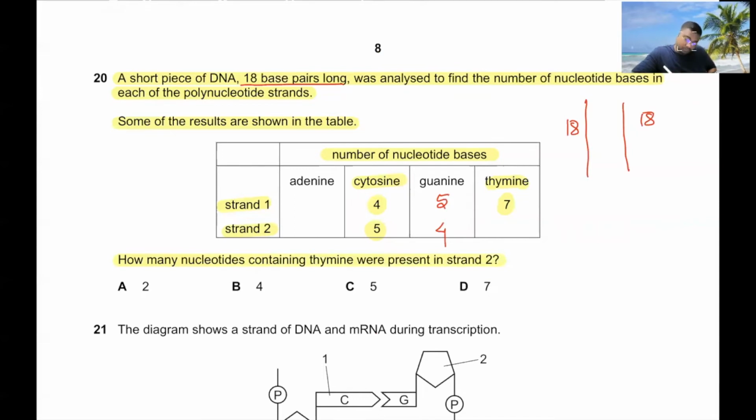Similarly, if there are 7 thymine in strand 1, there will be 7 adenine in strand 2. All right, so the total number, 7 plus 5, 12, 12 plus 4, 16, 18 minus 16 is equal to 2. So this will be 2 and 2. How many nucleotides containing thymine were present in strand 2? Thymine 2. A is the correct answer. Question number 20, A.